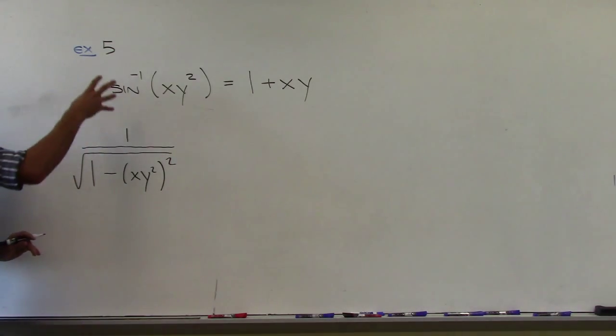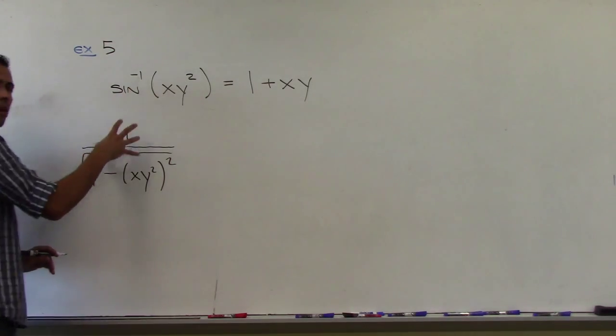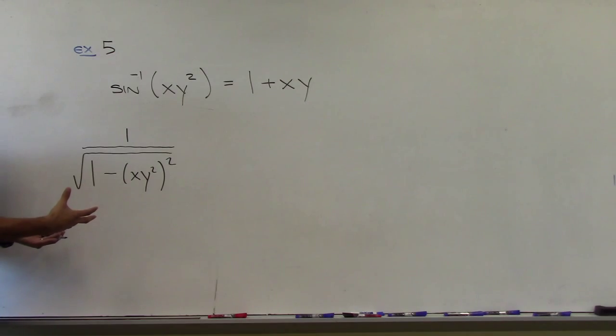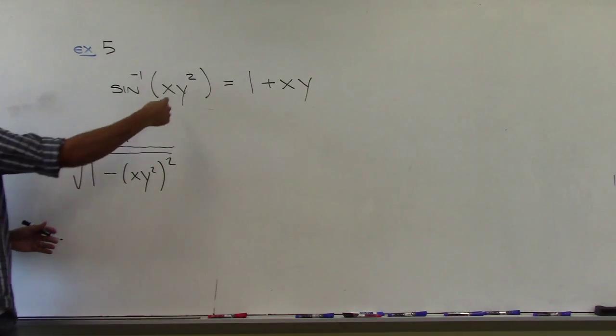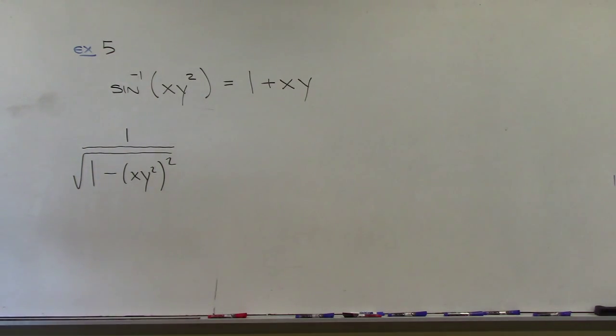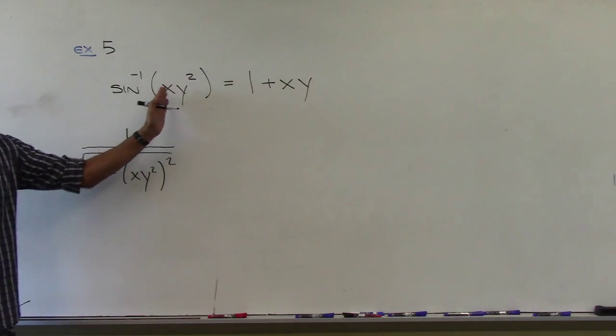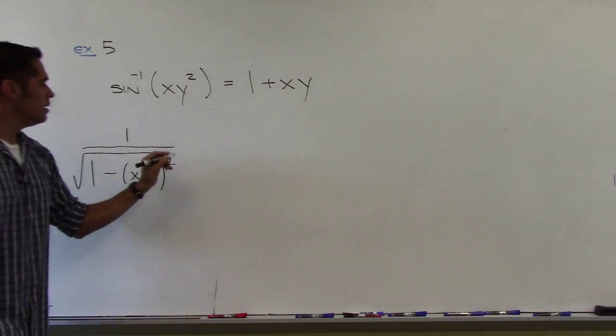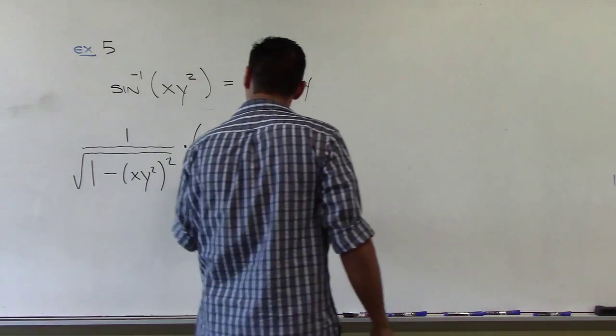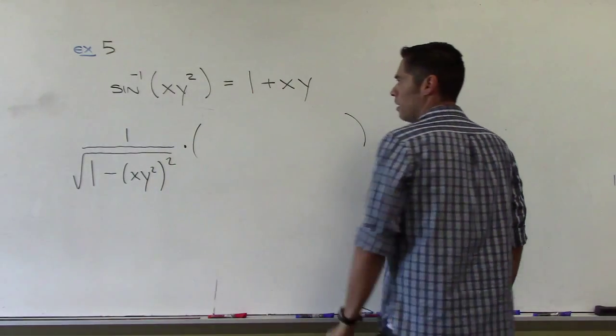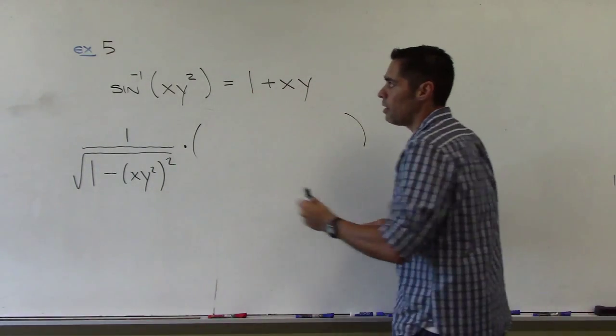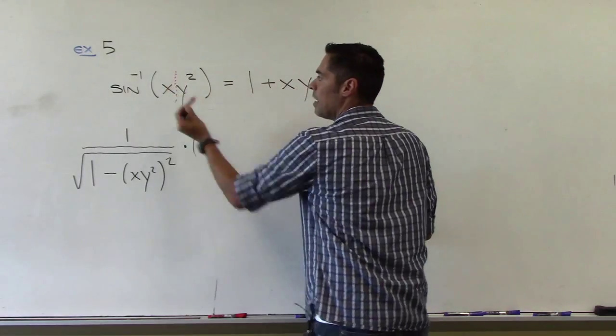So that's the derivative of arc sine of this junk right here. But then chain rule says we now need to take the derivative of what's in here. And that's going to require we do a product rule, isn't it? So I have times, here comes my product rule. And the product I'm talking about is the product that occurs between the x and the y.